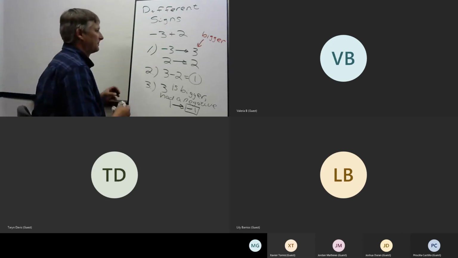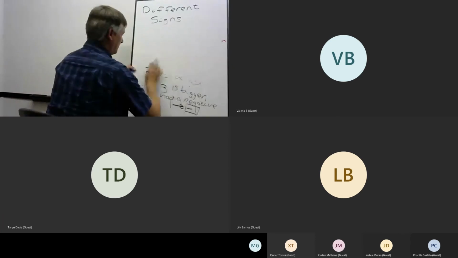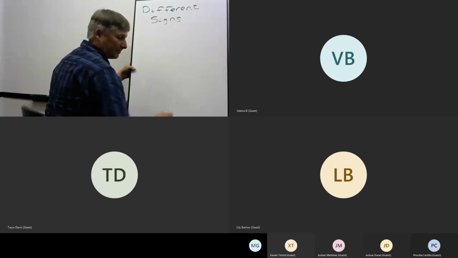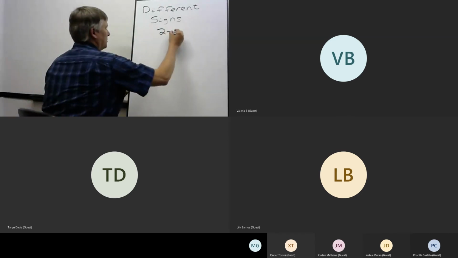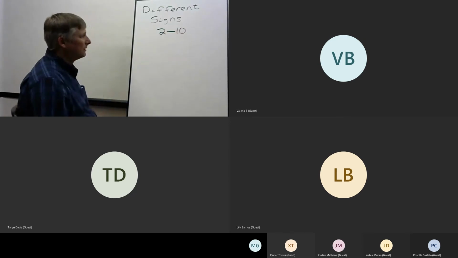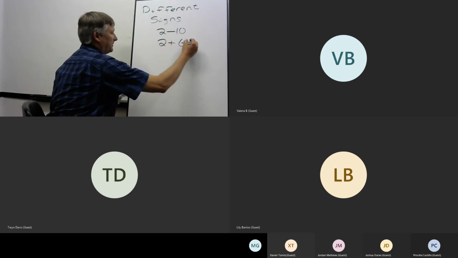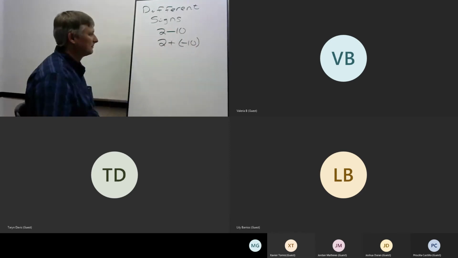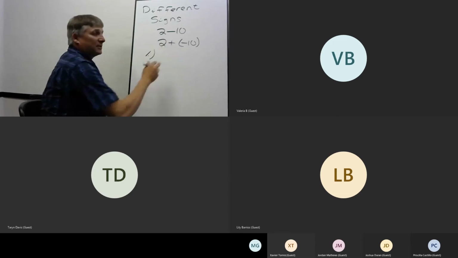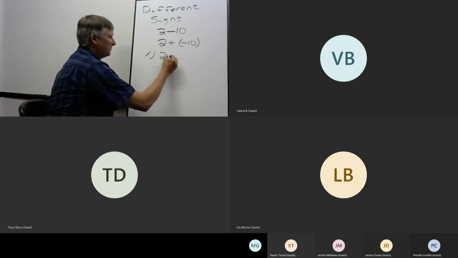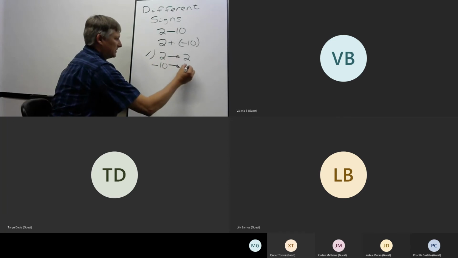Let me do more of this. Two minus 10. We can write this as 2 plus -10. So first off, these are different signs. This is a positive, this is a negative. So the 2 stays positive. The -10 becomes 10.